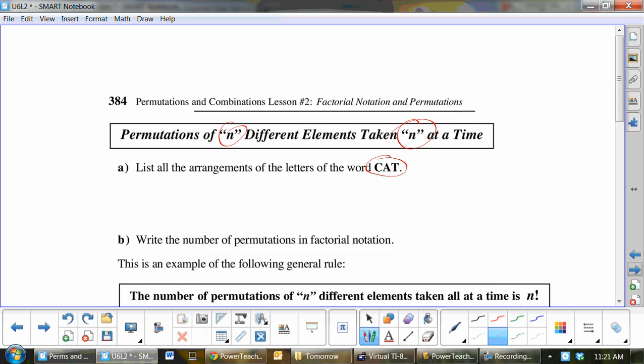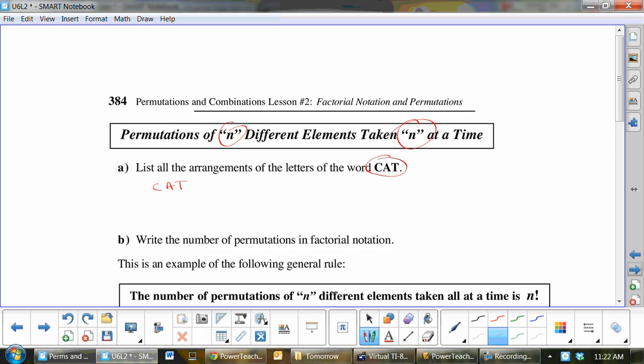Now, there's 3 letters, and I'm going to make 3-letter arrangements, that means I'm taking n objects, and I'm making groups of n. So I'm taking 3 objects, and I'm making groups of 3. Okay, my 3 objects are C, A, and T. So what would be my arrangements?